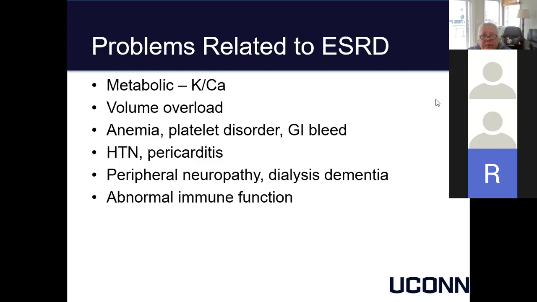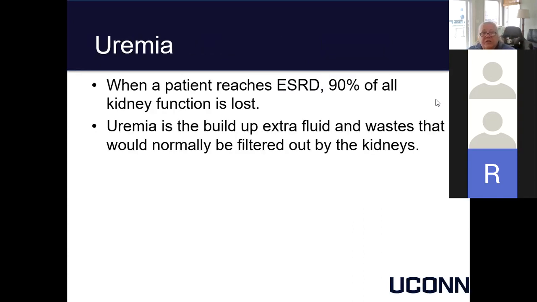Again, the peripheral neuropathies can be fierce. There is a history of mental status changes, development of dementia related to long-term dialysis. It alters the immune function. So there are some fairly significant issues.